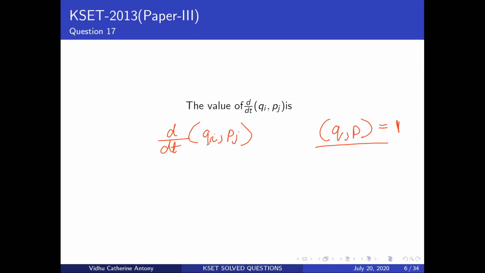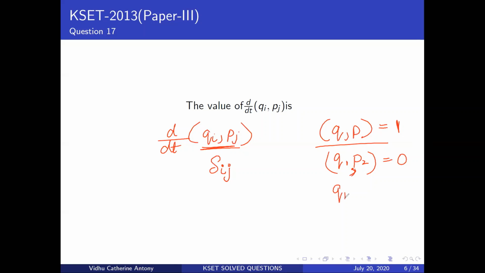Now here, what have they given you? They have given you a qi and a pj. Once you calculate your Poisson bracket for this, you will realize it's going to give you something like delta ij. Let me say this is q1 and p2. When you calculate your Poisson bracket for this, it's going to give you 0.